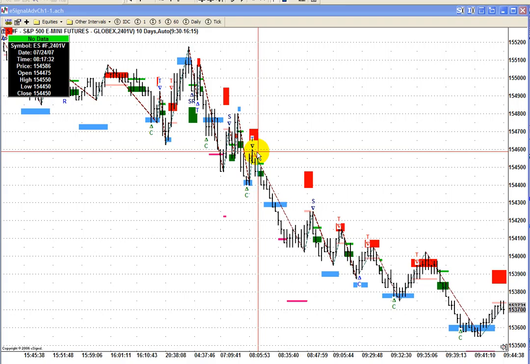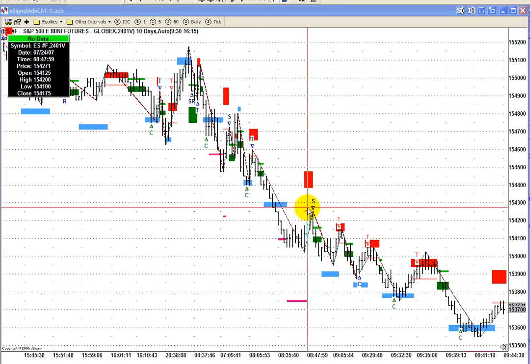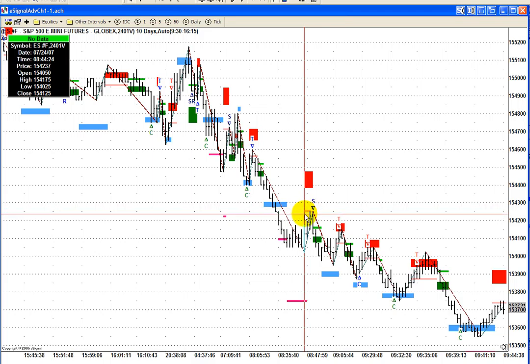The T with an arrow indicates a trend trade in the direction of the current trend. Where you see an S, ZoneTraderPro has identified that a strong trend is in progress and indicates a strong trend trade in that direction.